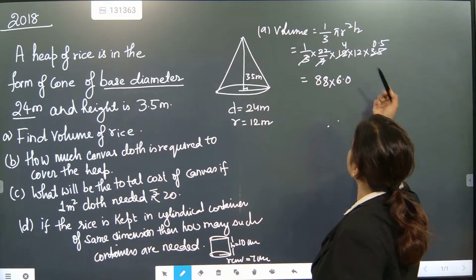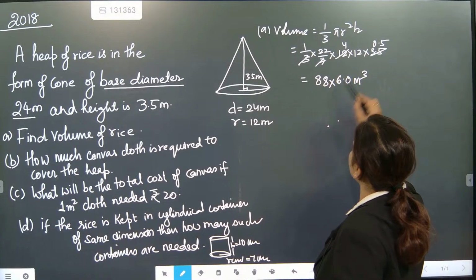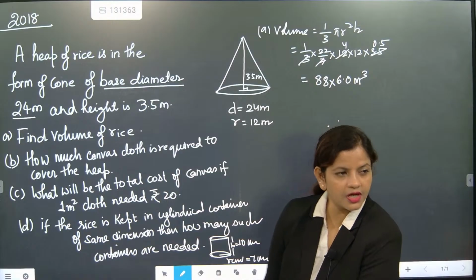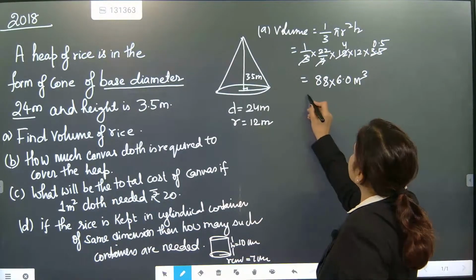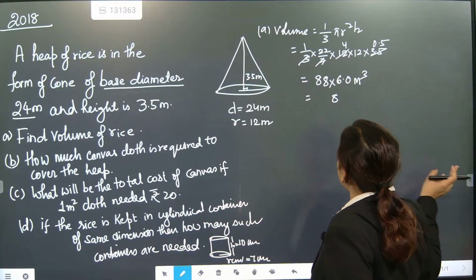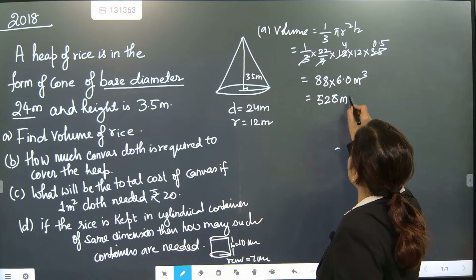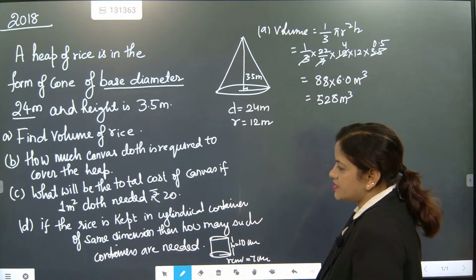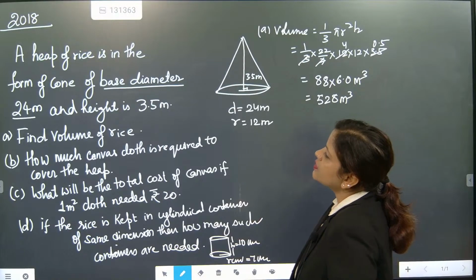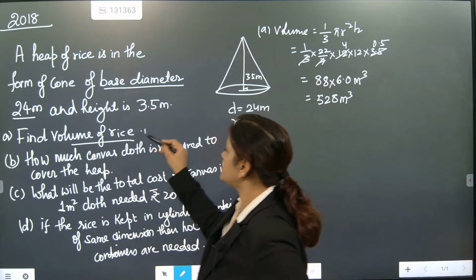So this much cubic meter is the volume, correct? So 6 8 48, 6 8 48. So 528 cubic meter is the volume of rice. First one done. After that, what they are telling: find the volume of rice, we did it.